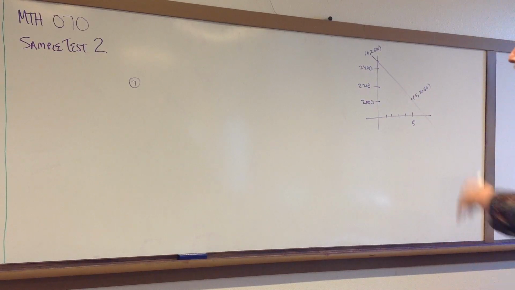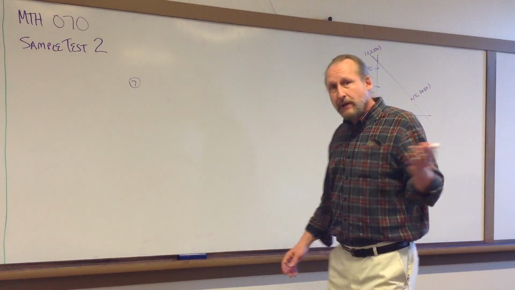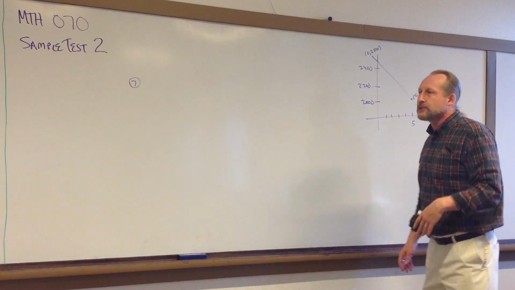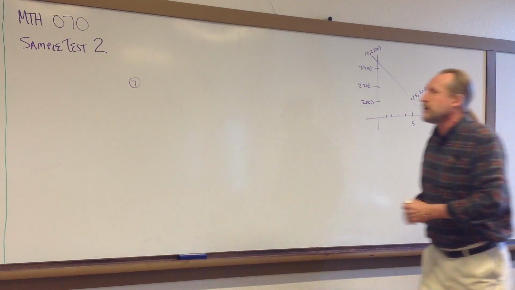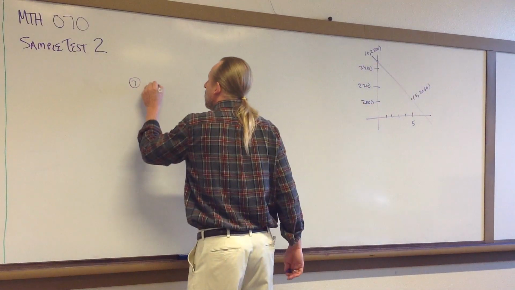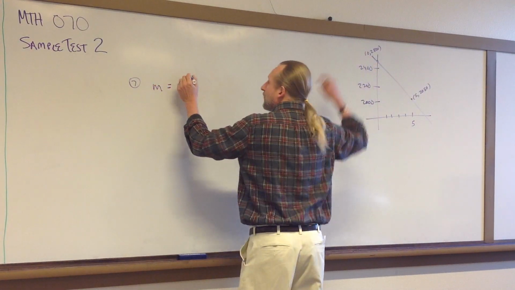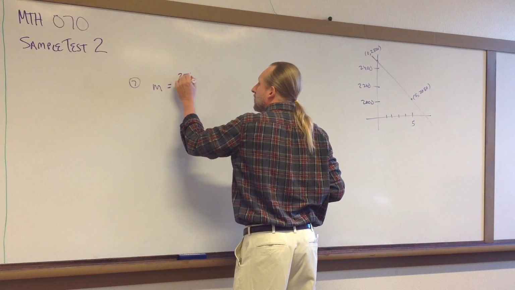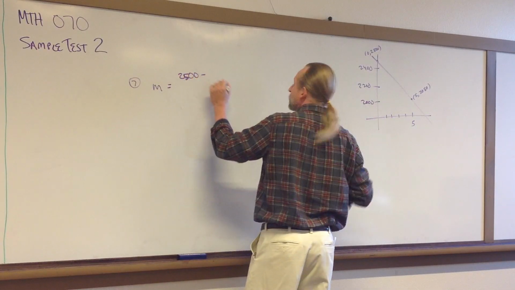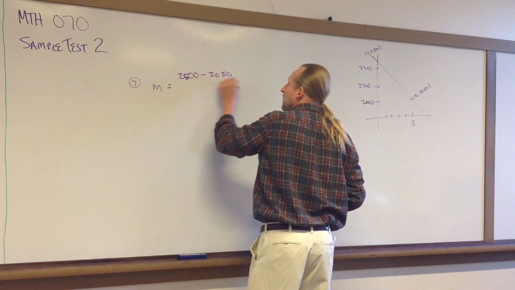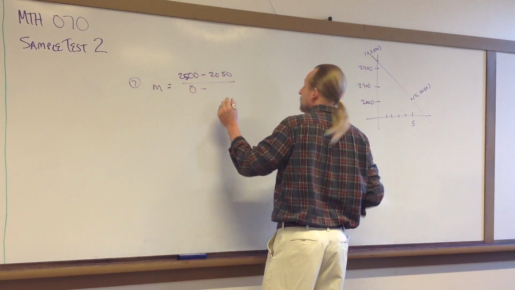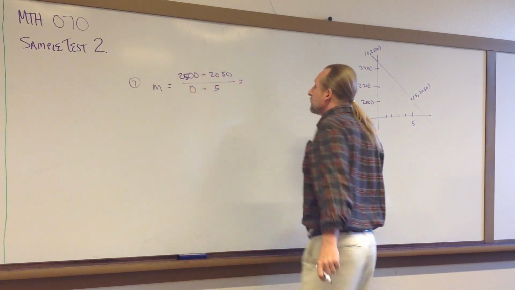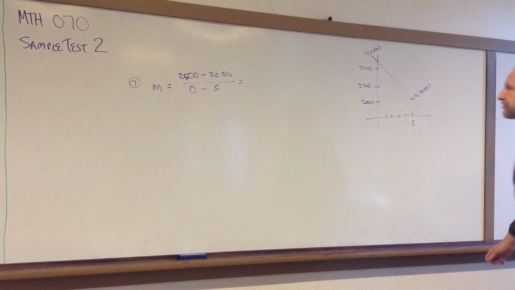Okay, so this is a lot like problem 4, where you had 2 points and had to find the equation of the line passing through those 2 points. So we're going to need to calculate the slope. So let's see, I'll start with the 2,500 on top, and then subtract the 2,050. And then if I start with 2,500 on top, I've got to start with the 0 on the bottom and do 0 minus 5.